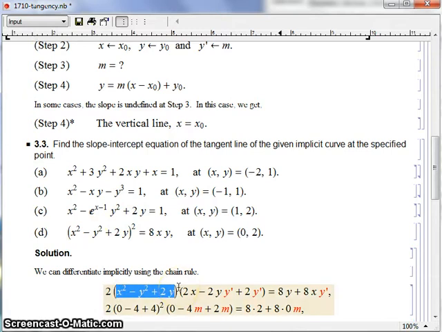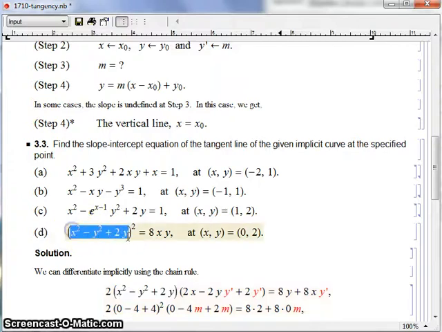And first power, okay, so we don't have to write first power. By the chain rule, the derivative of the inside is going to be multiplied. So x squared becomes 2x, y squared becomes 2y, but don't forget y prime, the essence of implicit differentiation. 2y becomes 2, but then again we have y prime.